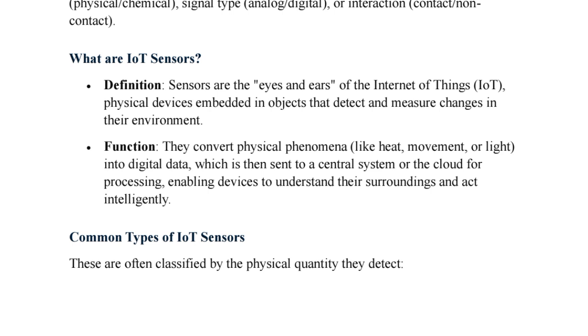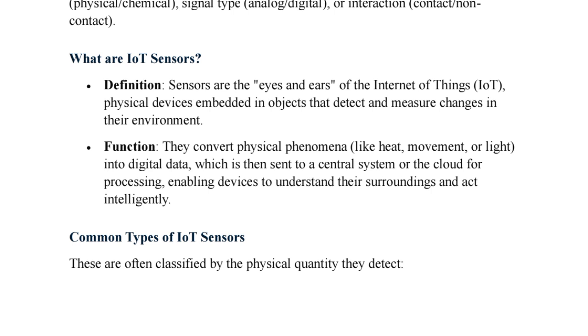Sensors are the eyes and ears of the Internet of Things, physical devices embedded in objects that detect and measure changes in the environment. That means it is a collection of physical devices that enable internet connectivity.